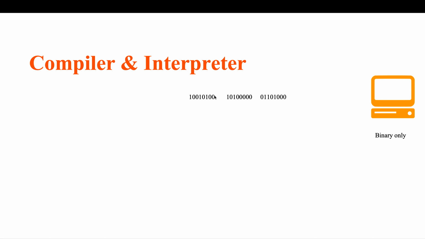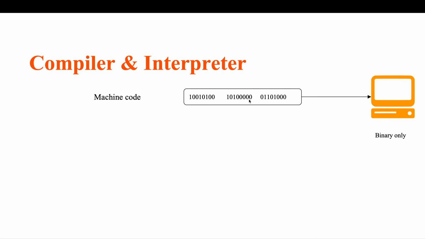First, the binary code represents what operation I want to perform. This is not necessarily representing addition, this is just for illustration. So first I specify the code for the instruction I want to perform, and then I specify the operands on which I want to perform this instruction. So I want to add two numbers: I specify the instruction or operator, addition, and these are the numbers on which I want to perform the addition.